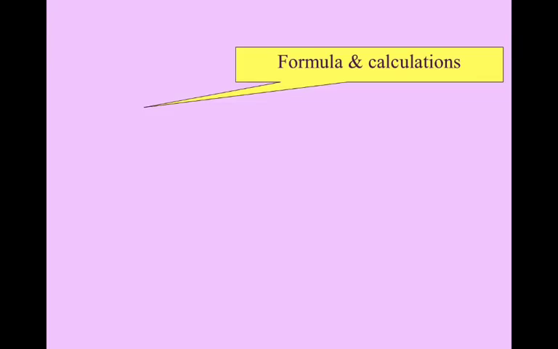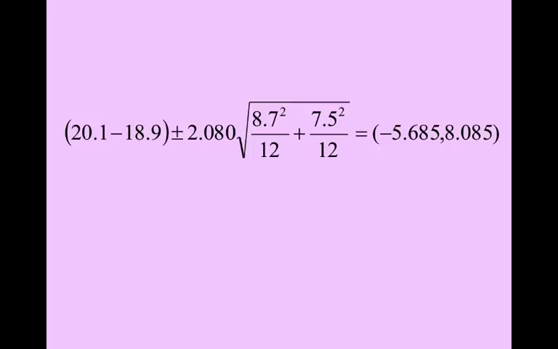Our formula and our calculations for a confidence interval for a difference in two sample means is mean 1, so this is our sample mean for brand A minus our sample mean for brand B, plus or minus our t critical value times the standard deviation of our statistic.